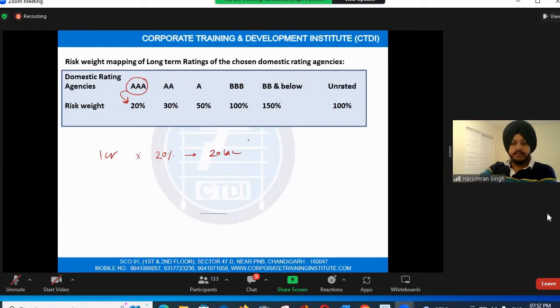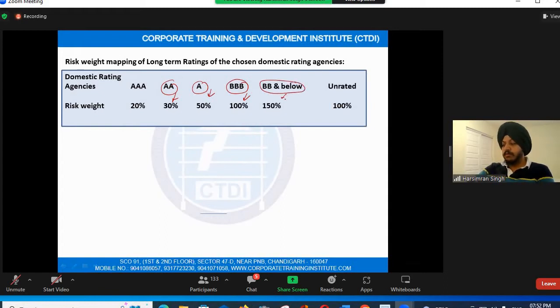Is that clear? If it is a AA borrower, then 30%. A borrower, 50%. Triple B borrower, 100%.